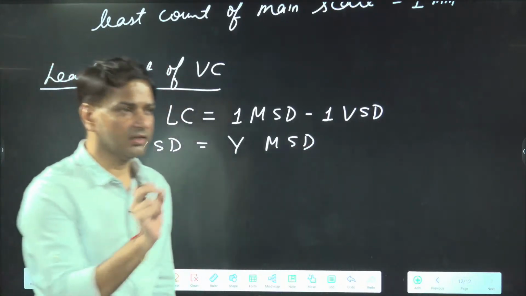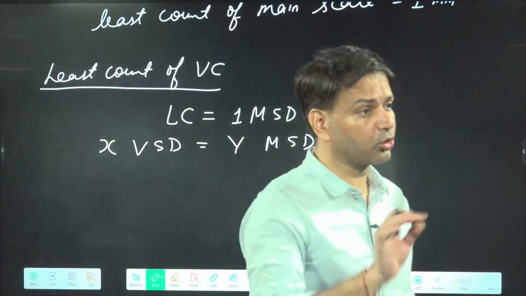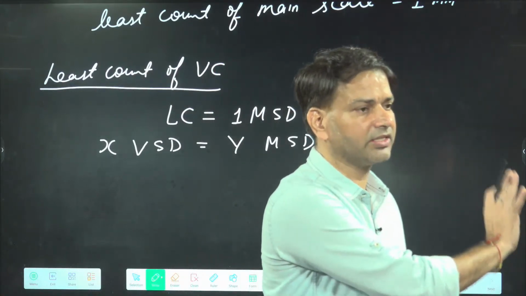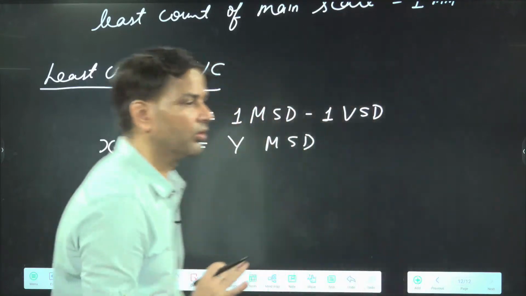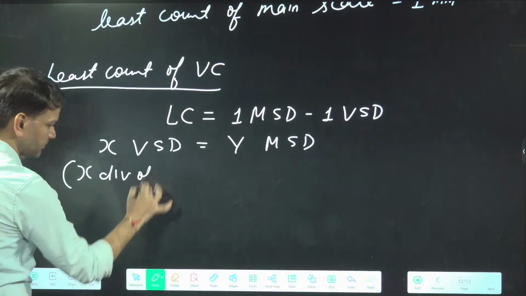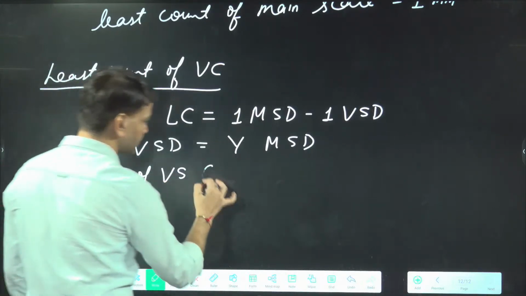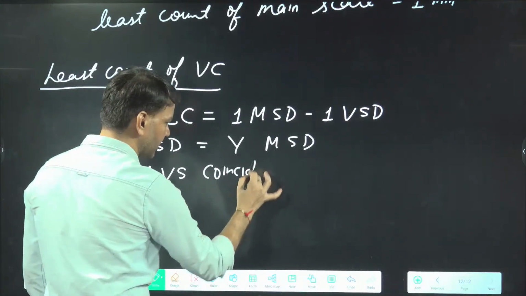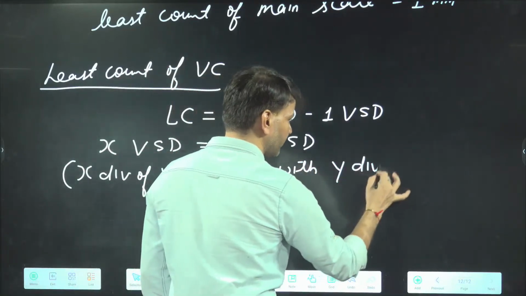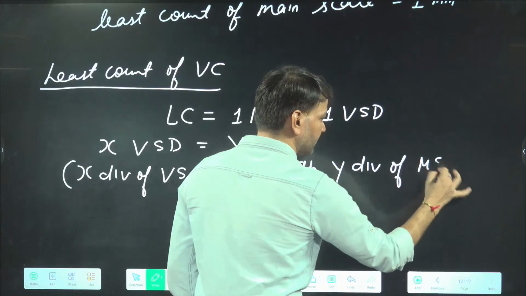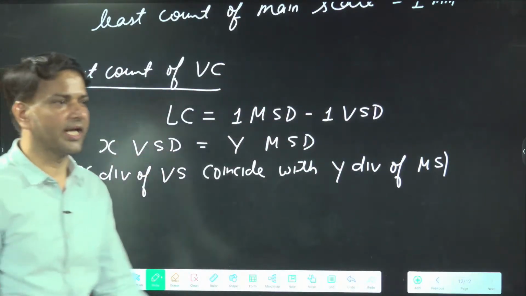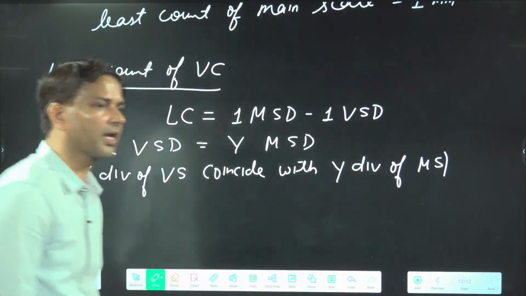They will say X divisions of the Vernier scale coincide with Y divisions of the main scale. Then we can write the mathematical relation: X VSD is equal to Y MSD.